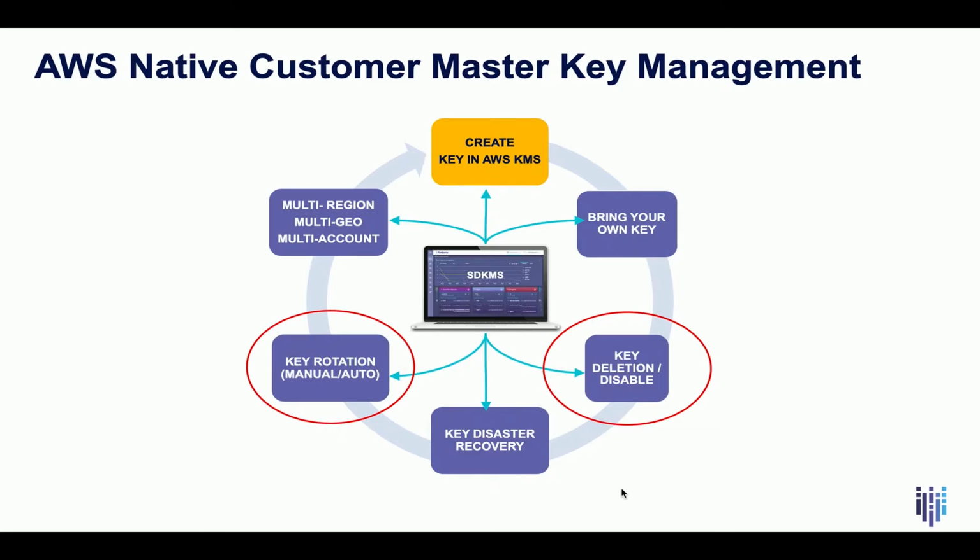You are able to delete the key, which means you can schedule the key deletion, you can disable and enable the key, and you can rotate the key. These you get. However, key disaster recovery and multi-region, multi-geo management you don't get, because that doesn't come with that approach. So with that, let's take a look at a quick demo.